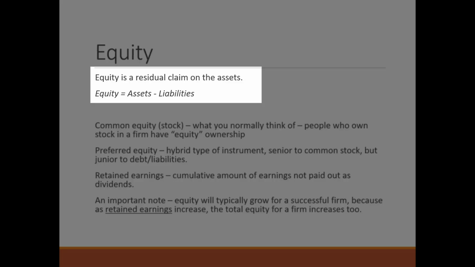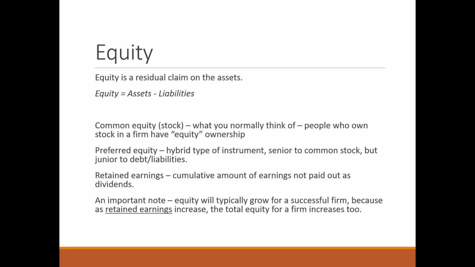Equity, as I mentioned, is the residual claim on the assets. It's the leftover. So equity is defined as the assets minus the liabilities. Typically, that's going to be common equity, also known as common stock. And this is what people normally think of. When you own stock in a firm, you have an equity ownership, an equity claim on that firm. There's also preferred equity, and this is a hybrid instrument.